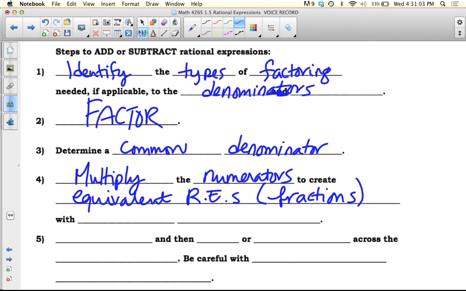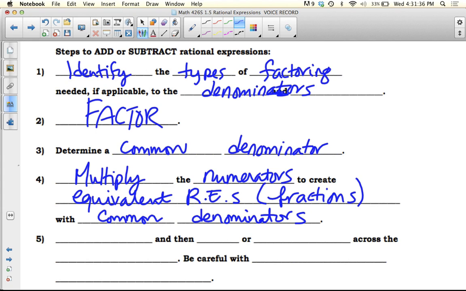What I mean by that is the step where we look at what's different between the first denominator and your common denominator, and you multiply your numerator by that same factor, because you need to multiply the top by whatever you multiplied the bottom by. So multiplying the numerators creates equivalent fractions with common denominators.